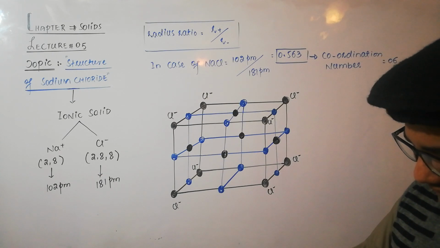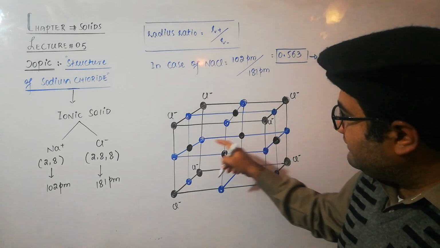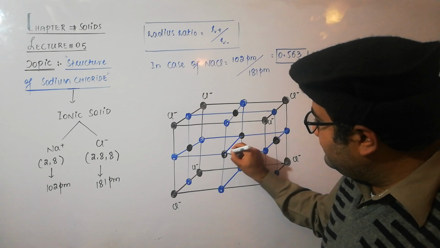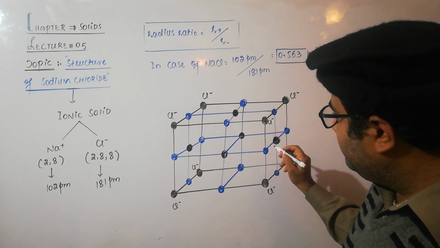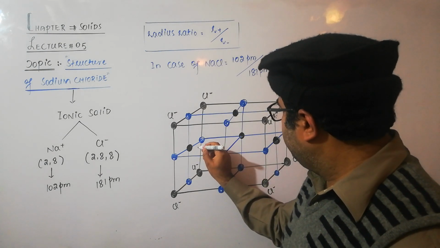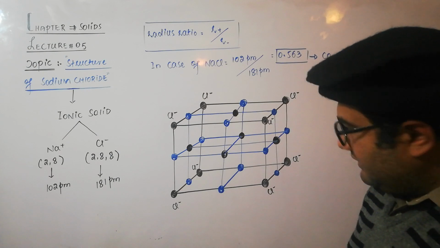Now at the end you are required to join all chloride ions present at the center of faces together. Join these 2 chloride ions. Similarly, join these 2 chloride ions.